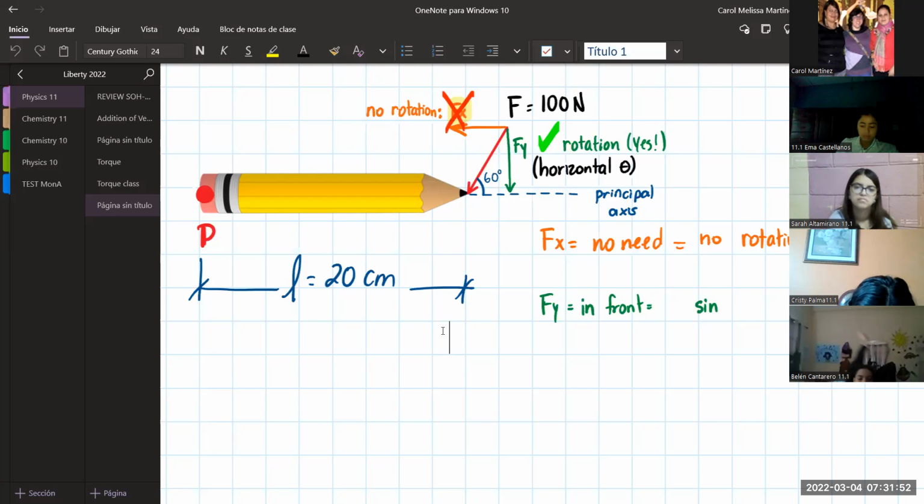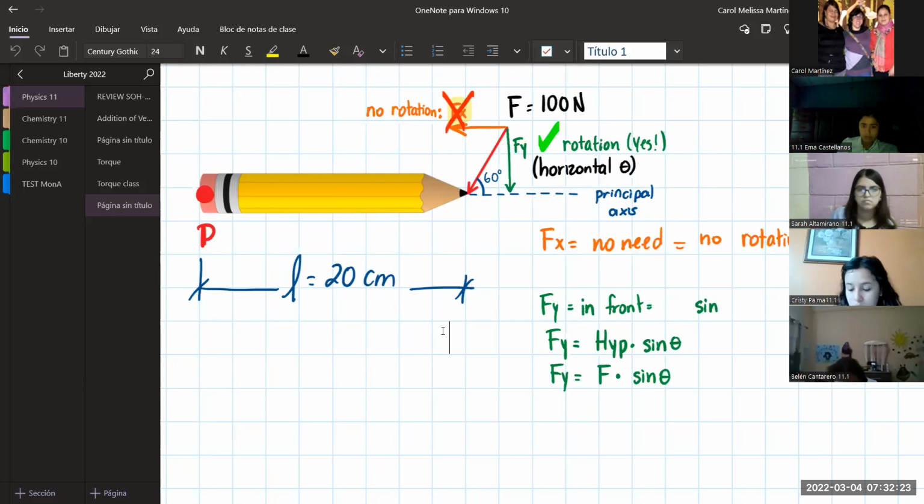So we say Fy is going to be equal to the hypotenuse times the sine of the angle. The hypotenuse is the force F. So for this exercise, Fy is going to be force times sine of the angle.